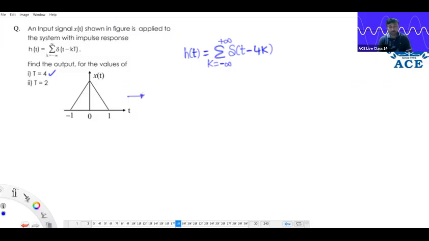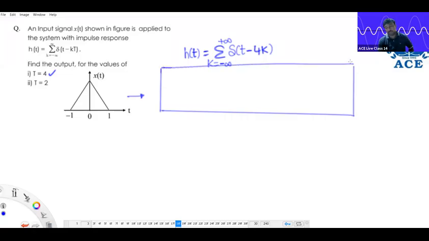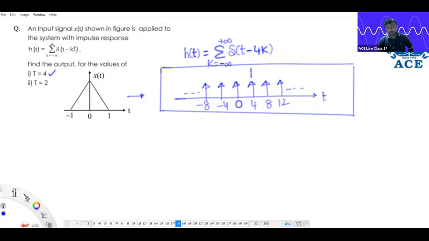So what is the output? Of course, it is a stream of impulses. We have taken impulses with a gap of 4 units.